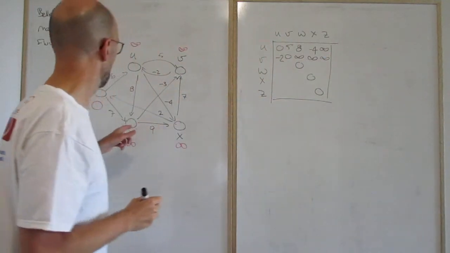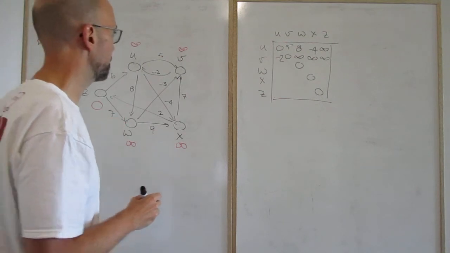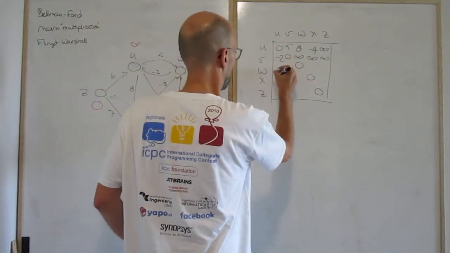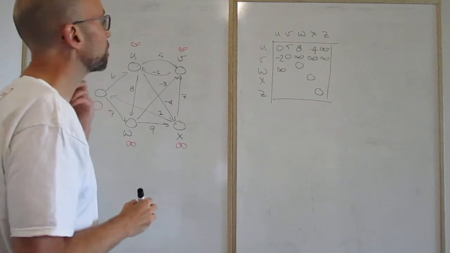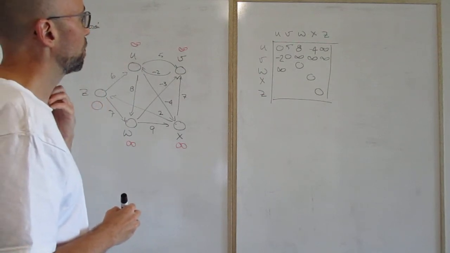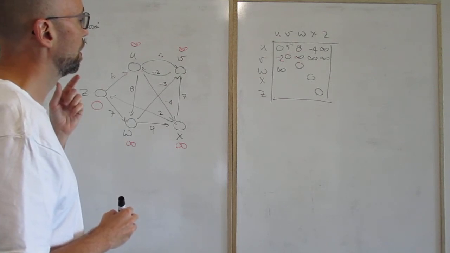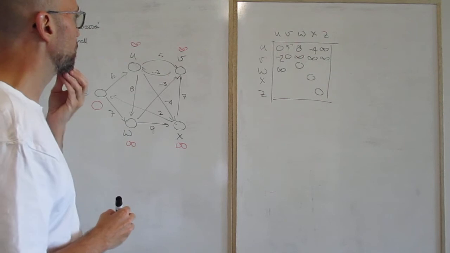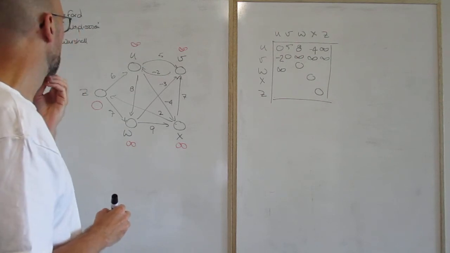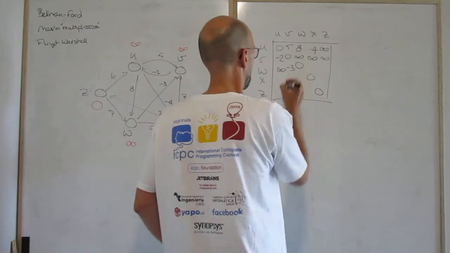From W to U, we cannot go in one step. From W to V, we can go with -3.